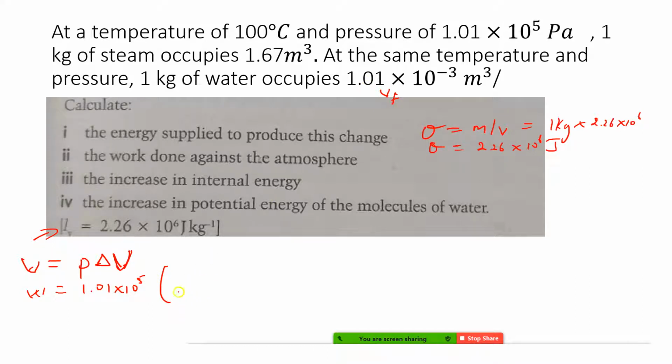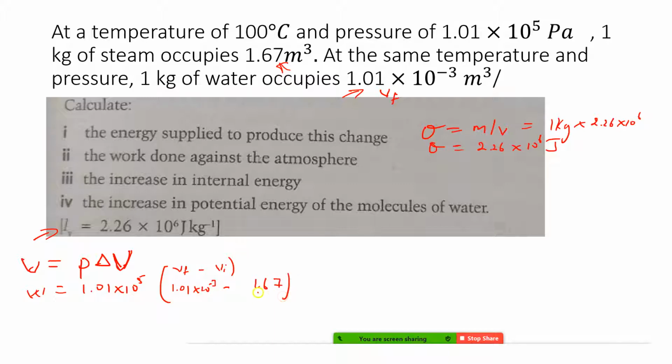Now, typically we would say final minus initial volume, right? So we must identify that this is the final amount, and this was the initial amount. So we have 1.01 times 10 to the minus 3 as my final, minus 1.67.